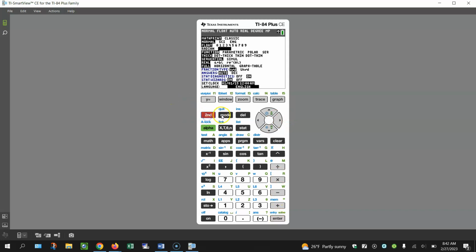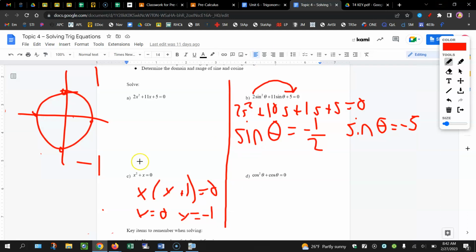To undo sine, we're going to use inverse sine, so it's second sine. And we're going to type in 1/2. We're not going to type in the negative. The negative is just going to help us figure out what quadrant we're in. 30 degrees, so we get a reference angle of 30. So this part is going to be theta equals 30 degrees.